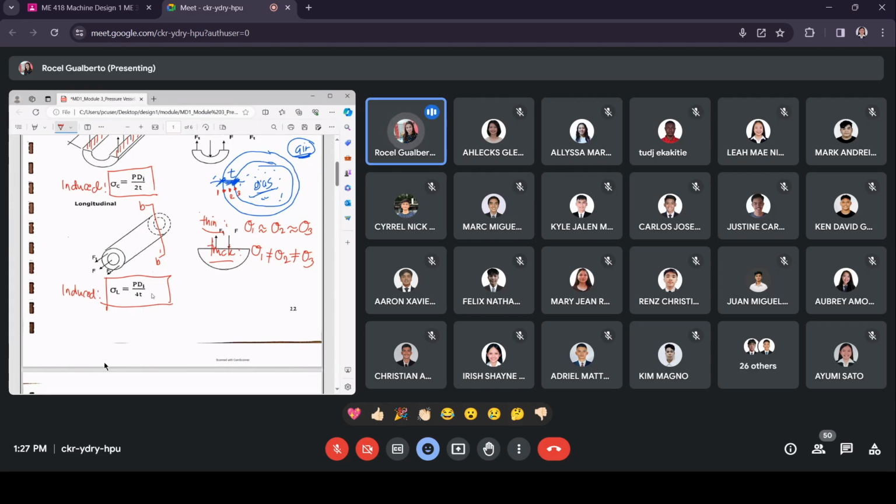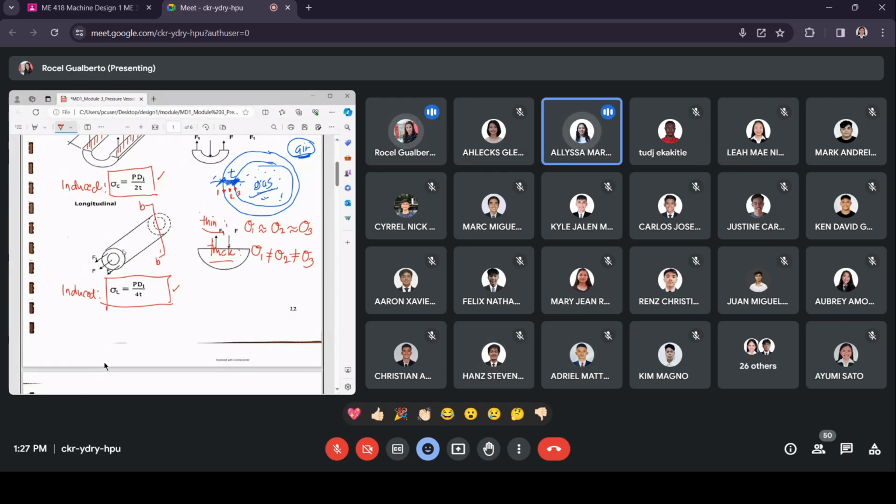So this is the other induced stress. Again, one is circumferential and this one is the longitudinal stress. Comparing the two, one is PD over 2T, the other is PD over 4T. You try to compare the two induced stresses, which is bigger, which is higher in value.